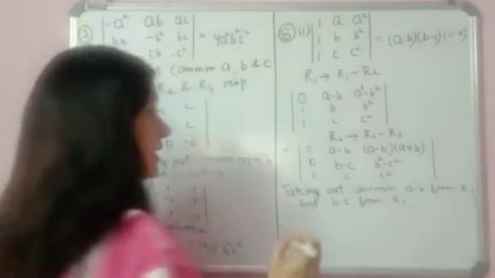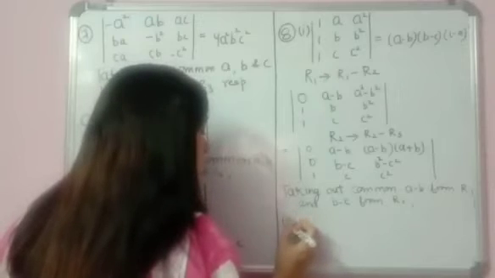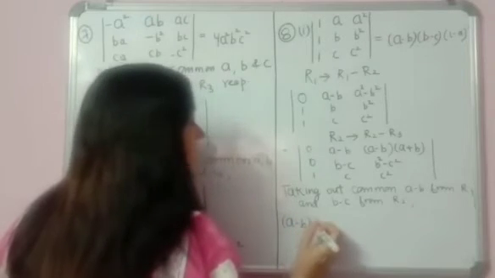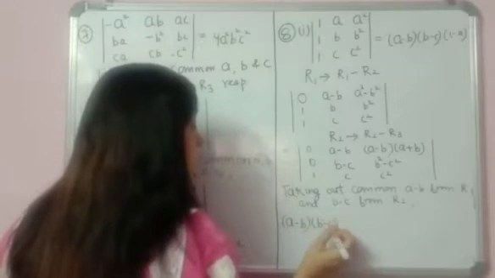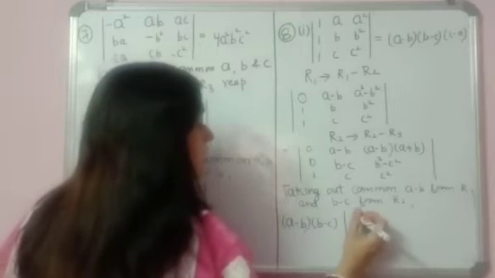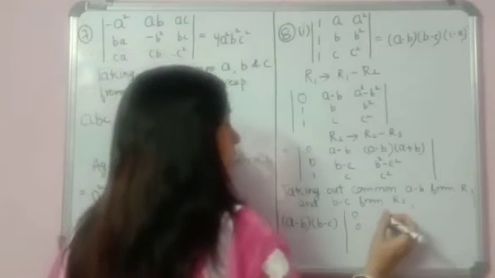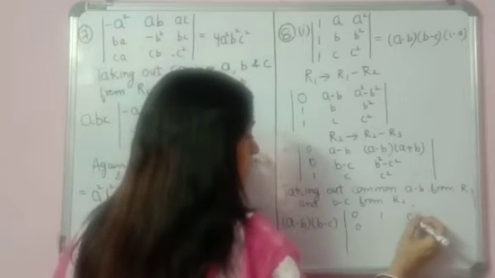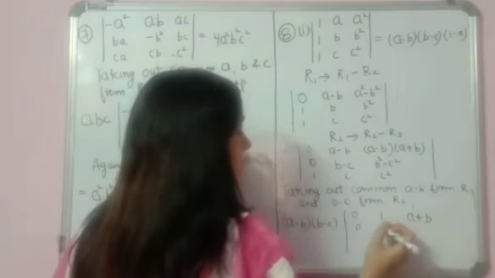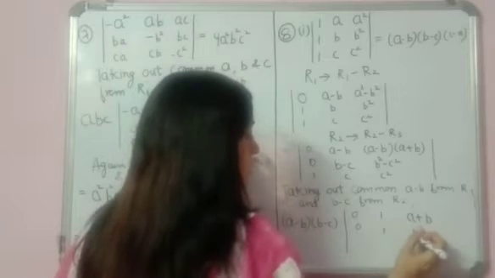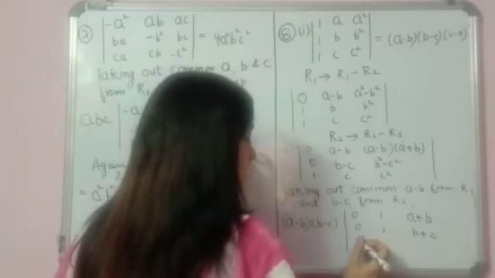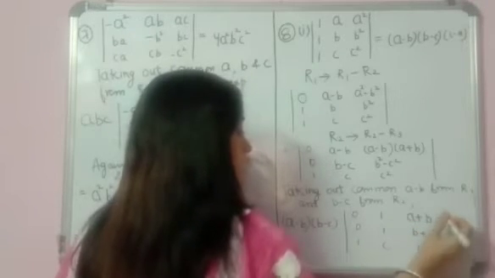So you will get a minus b, b minus c, and you have 0, 0, then 1, then a plus b, then 1, here also it will be b plus c, then 1, c and c square.